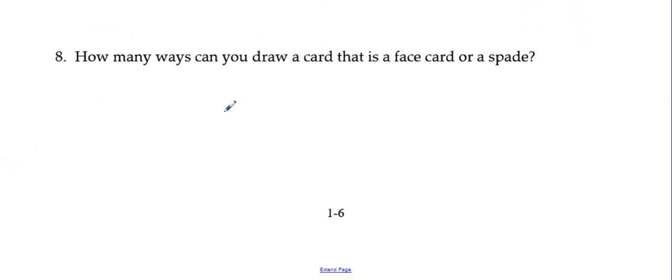Question 8. How many ways can you draw a card that is a face card or a spade? Is this an example of mutually exclusive? It is not, because it is possible for a card to be a face card and a spade. So your Venn diagram would look like this.